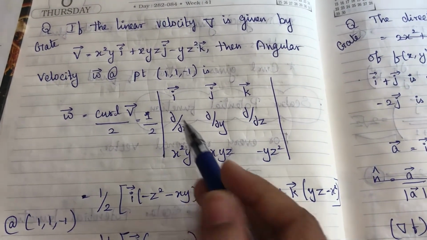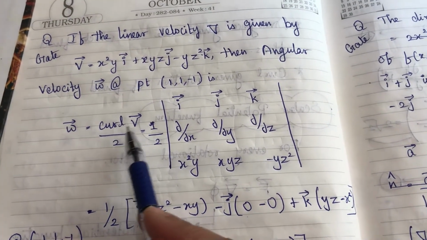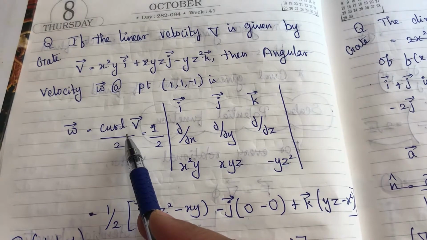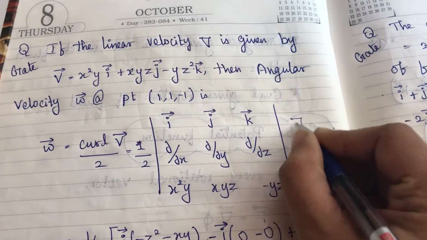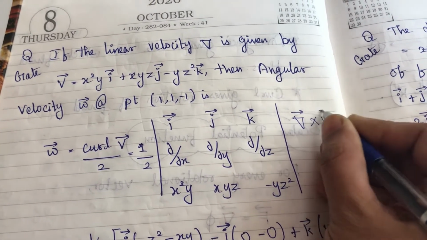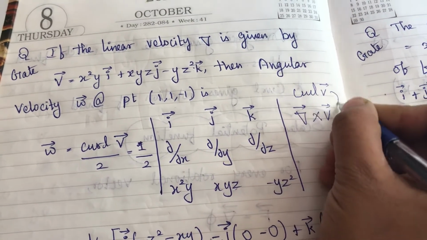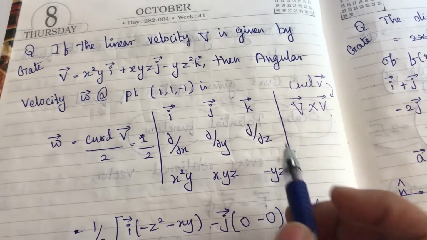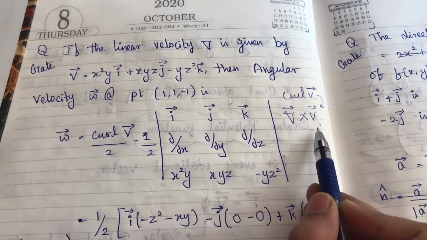Okay, so half. What is the curl vector? The curl vector means we need to write it as del vector cross v vector. This is the curl of v vector. So the curl of v vector is nothing but del vector cross v vector, right?